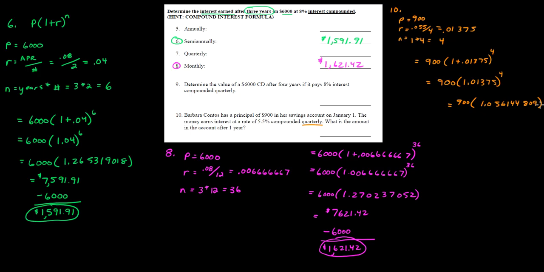And then when I multiply those two together, I get $950.53. So that's what goes right there. All right. That should get you through the front page of the study guide.